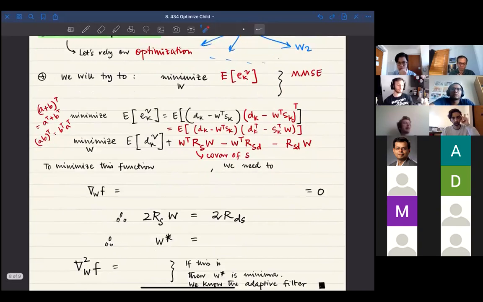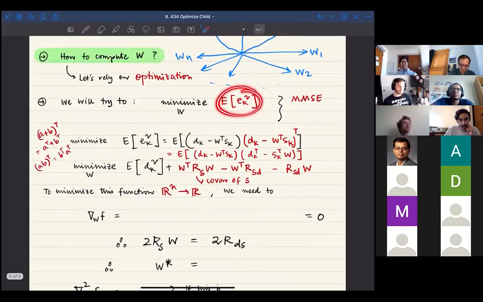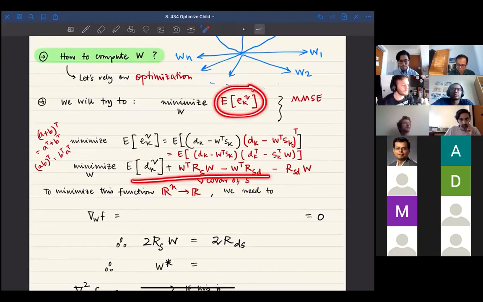Okay, good. Now to minimize this function, which is basically Rn to R. This is the function we need to minimize, the whole function.